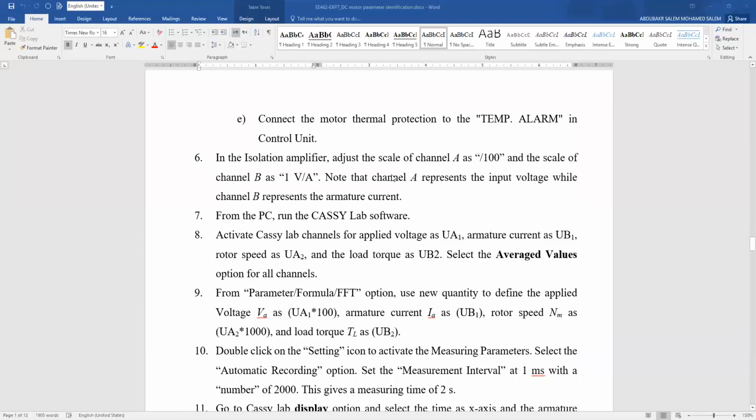We will adjust the isolation amplifier. For the voltage, we will select a ratio 1 to 100. And for the current, we will select the ratio of 1 volt per ampere.